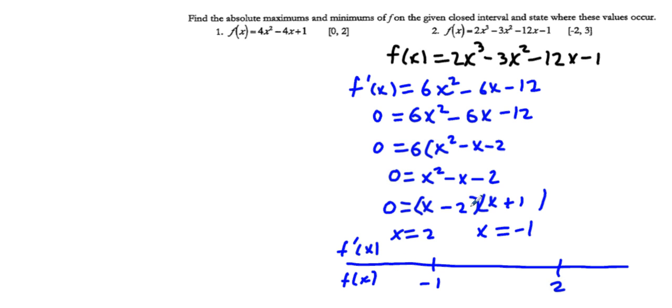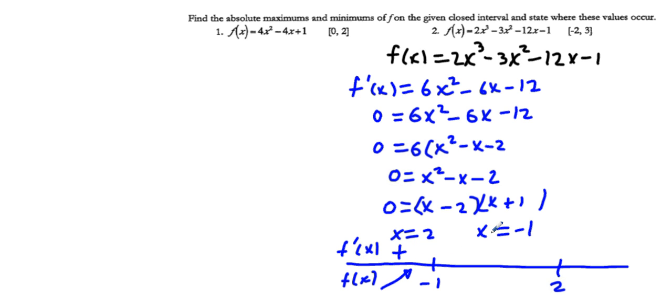If we have a value of x less than -1, is the derivative positive or negative? Say -2. -2 plus 1 is negative, and -2 minus 2 is negative. Negative times negative is positive, so the function is going up.